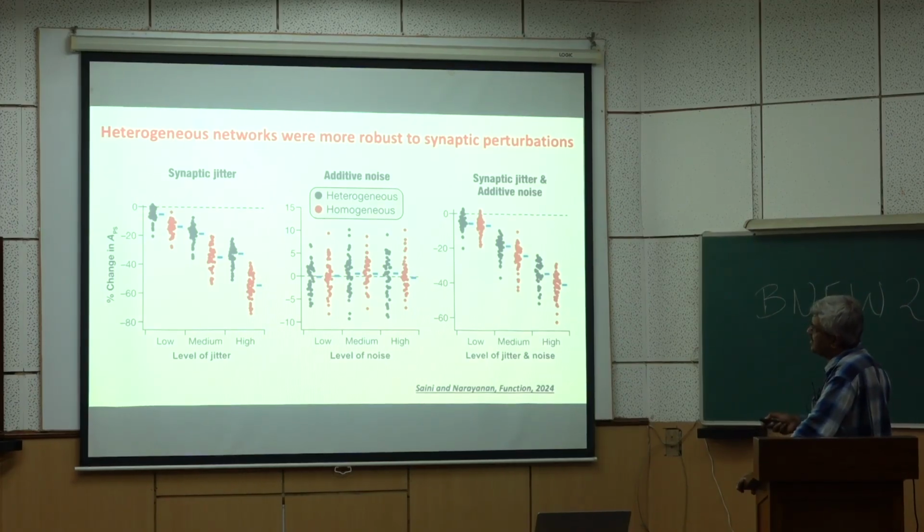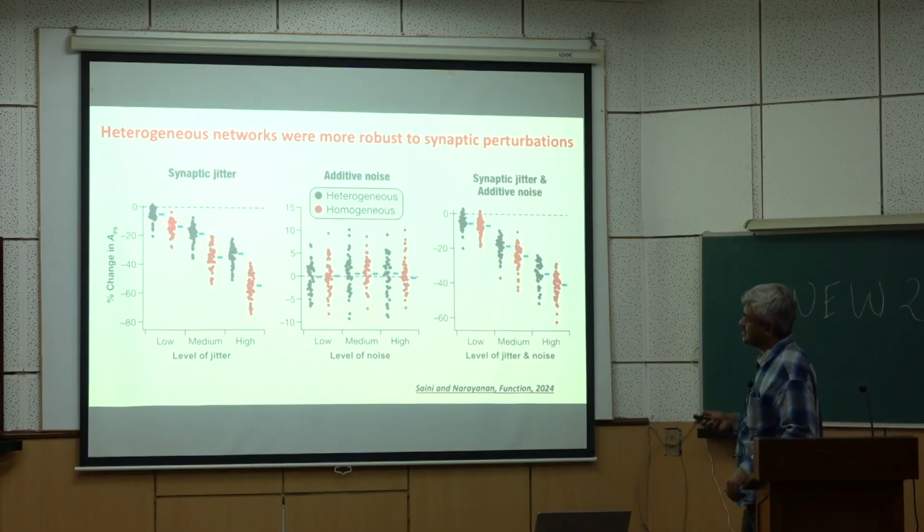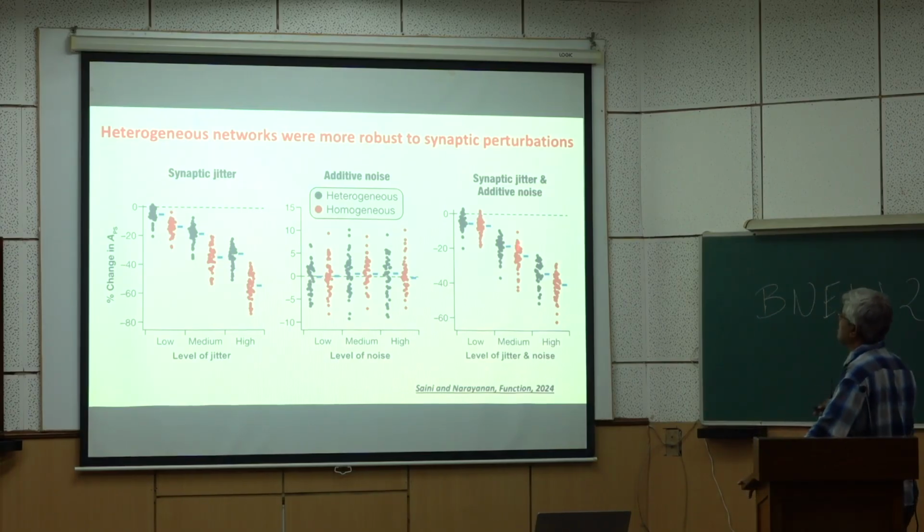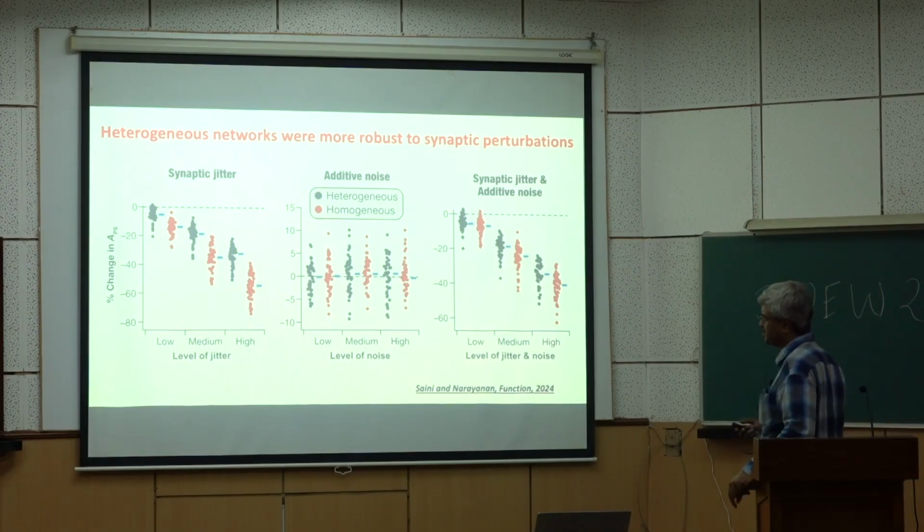But if you look at it in terms of low, medium, high levels of noise over here, the heterogeneous network is much more resilient to changes, to perturbations that are introduced into the synaptic weights, or a combination of the two of them. You see that the heterogeneous network was much more resilient to noise compared to the homogeneous ones.